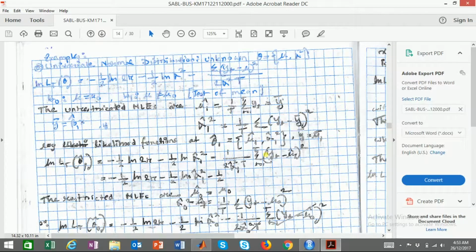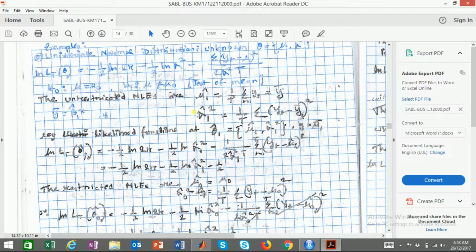But here we have already shown in the log likelihood function that the sample mean y bar equals the population mean mu hat. So (yt minus mu hat) square is sigma square divided by sigma square, and they cancel out, and the log likelihood function at theta 1 remains just half. At the end of the log likelihood function, it remains half.